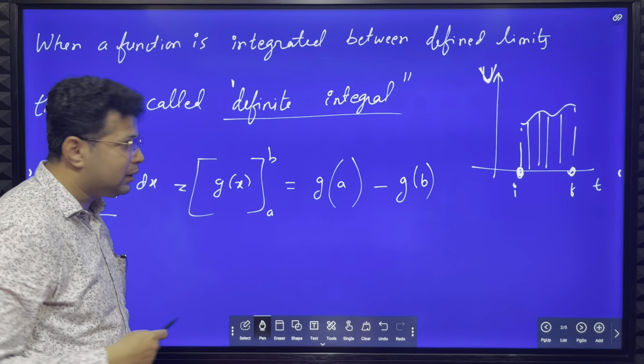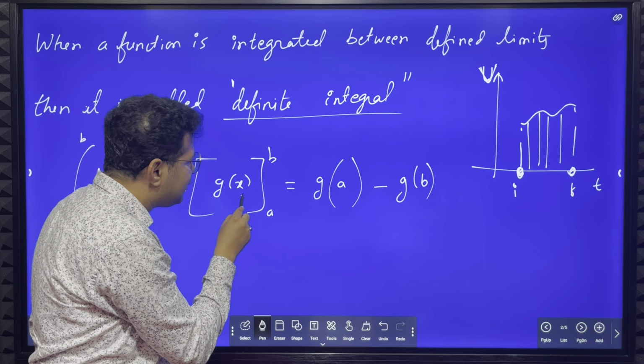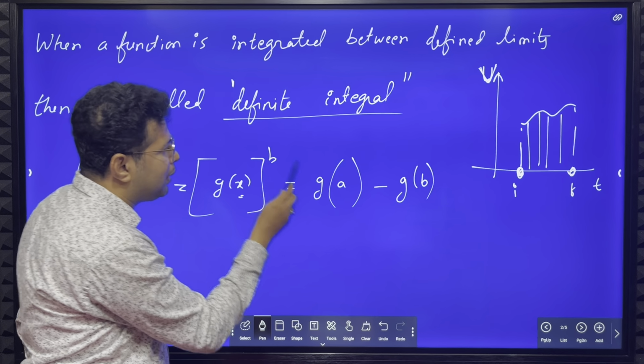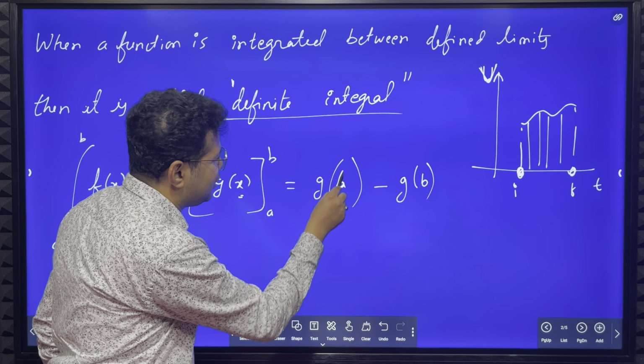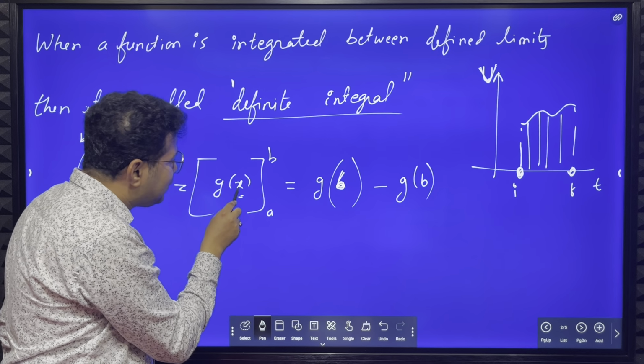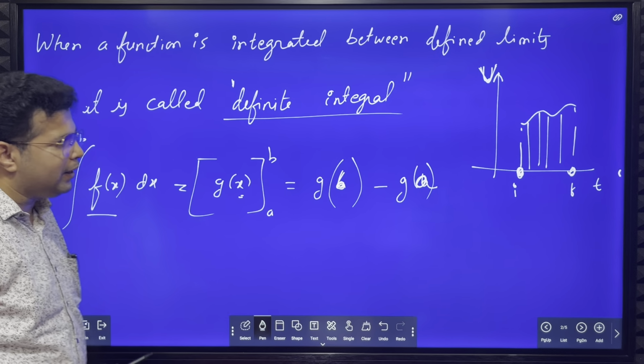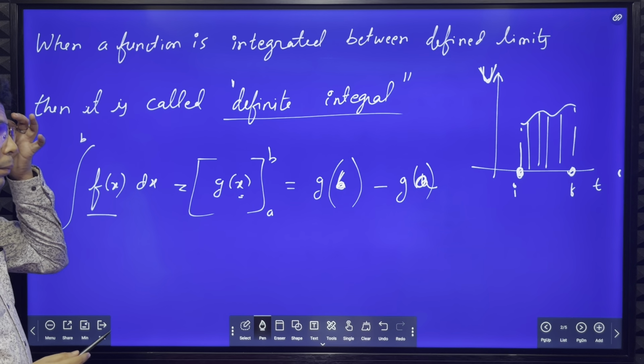How to apply the limit? In the place of x, first you write the upper limit, this is g of b. Then put a minus symbol. Then in the place of x, you write the lower limit, this is g of a. So it is g of b minus g of a. This is how you apply limits.